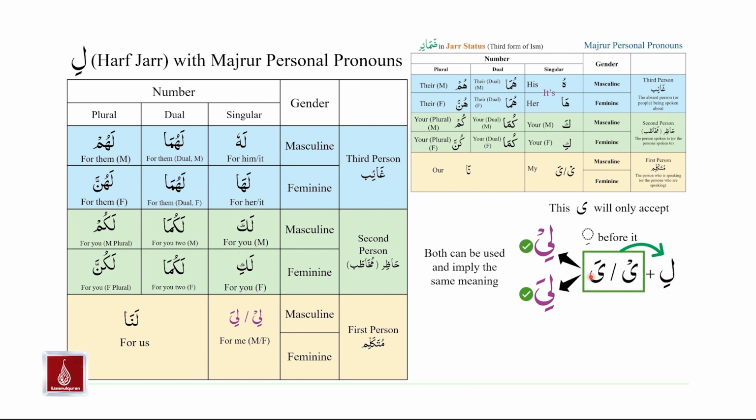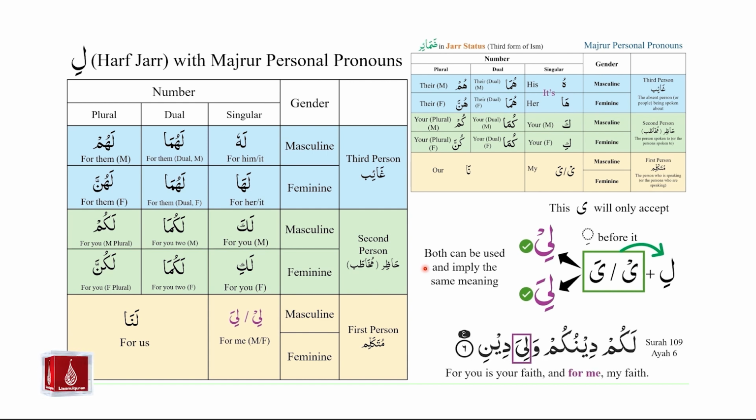We get the option of Laam harf jar with zair underneath it followed by ya with sukoon on it, which is li, or the other option is Laam harf jar with zair underneath it followed by ya with zabar on it, which is liya. Both li and liya have the same meaning, that is for me, and both can be used and they imply the same meaning.